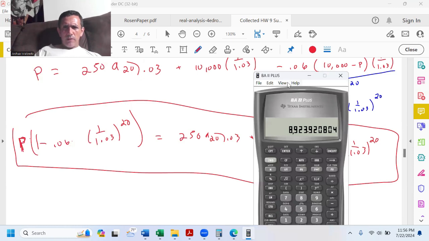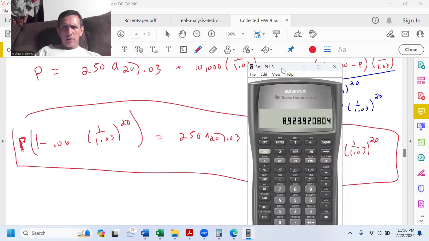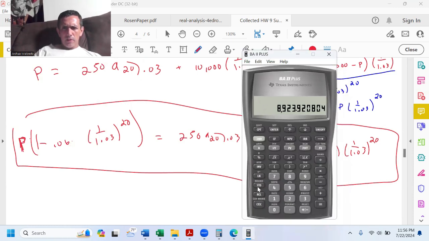So to get P, we divide by 1 minus 0.06 times 1.03 to the minus 20th. In case I screw this up, let me put this into one spot. I did not.